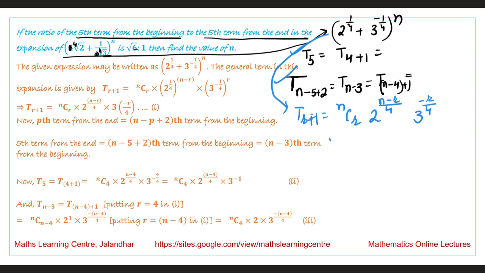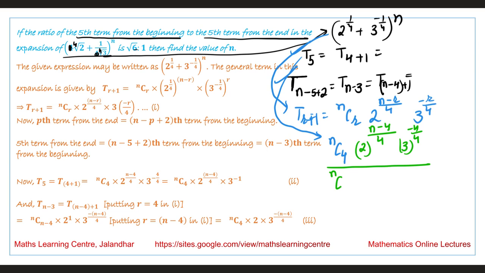So for t5 we will have nC4 2 raised to the power (n minus 4) by 4, 3 raised to the power minus 4 by 4, and we are dividing this value by nC(n minus 4), then 2 raised to the power (n minus 4) divided by 4 and 3 raised to the power minus of (n minus 4) by 4.